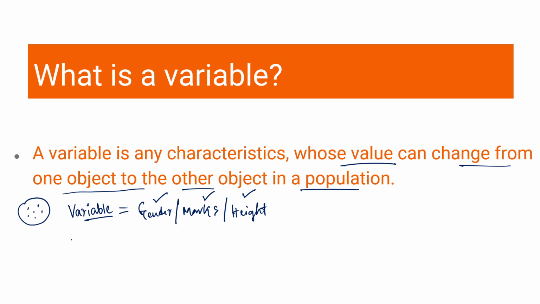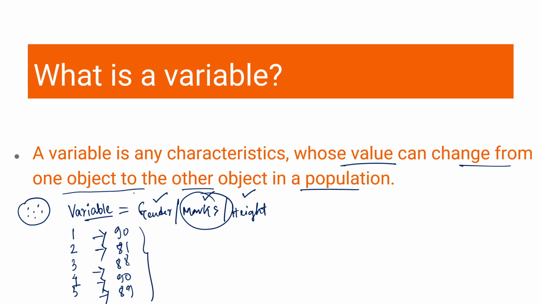Definitely, let's say there are 5 students, and you are taking only one single characteristic, let's say marks. Marks is a single characteristic, and this is also a variable. So if marks is a variable, maybe number 1 is getting 90, number 2 is getting 81, number 3 is getting 88, number 4 is getting 90 again, number 5 is getting, let's say, 89, whatever.